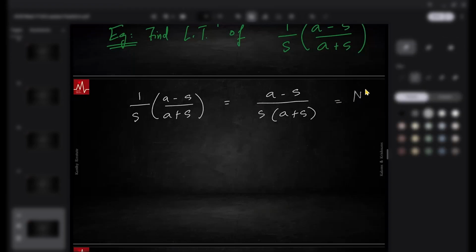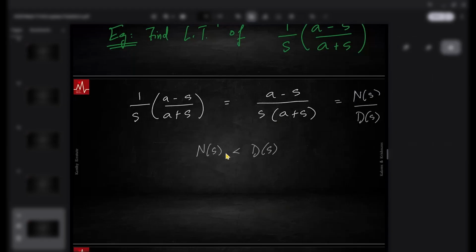There is a numerator of s. There is a denominator of s squared. So typically, the order of the numerator of s is less than the denominator of s. The denominator has a higher power of s. That is very typical. Most of the problems you will come across will be of that form.